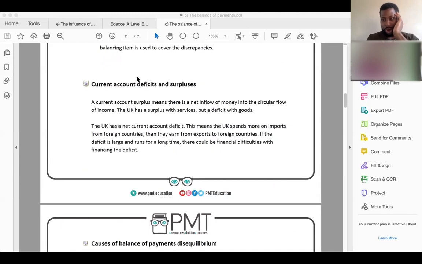Maybe it's linked to crime, maybe it's linked to the proceeds of corruption, or people just not reporting their incomes or their transfers. It's not easy to trace, especially if it's cash based. So that's why you need that balancing item. But good question.